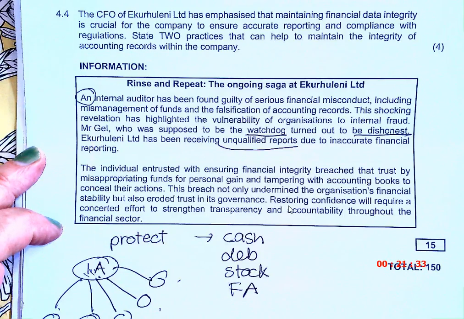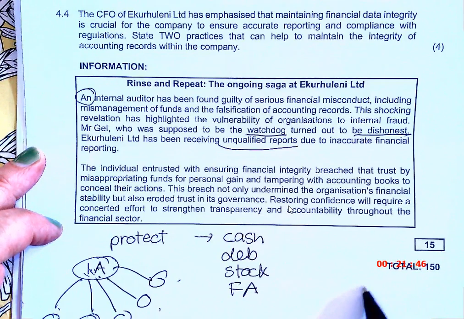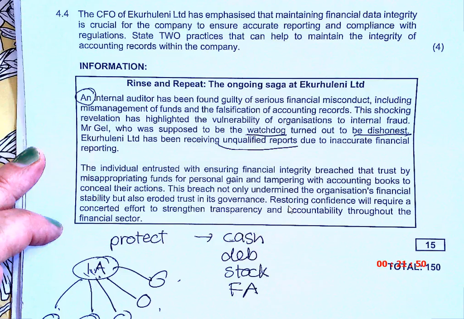This breach not only undermined the organization's financial stability, but eroded trust in its governance. So now the shareholders are questioning their corporate governance. Restoring confidence will require a concerted effort to whatever.